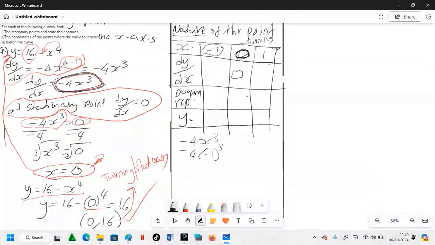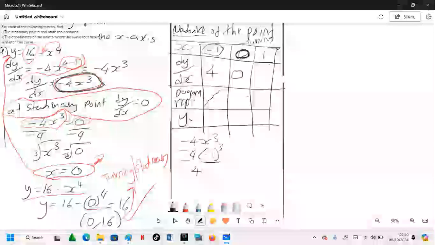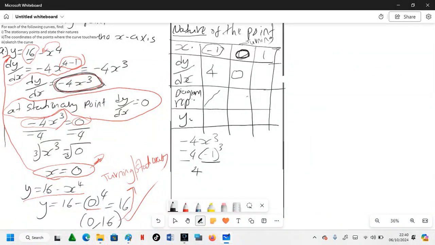And therefore, we are going to have negative 4 times negative 1, which will give us positive 4. And as we have discussed before, if you see a positive, it looks like that. That is how the curve should look when the gradient is positive.